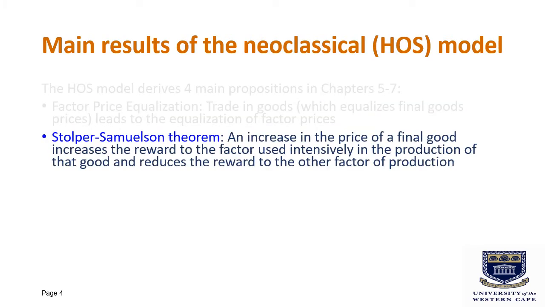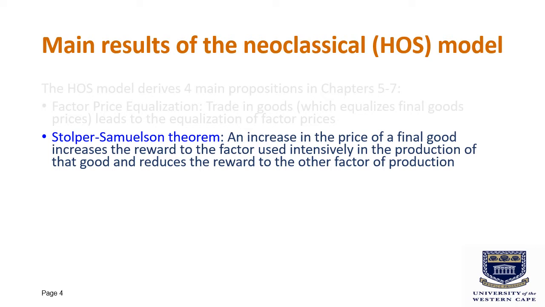The second idea is the Stolper-Samuelson theorem, and that's just the idea that when the price of a final good increases, then the reward for the factor of production that is used intensely in that production will increase. On the other hand, the reward for the other factor of production would decrease. What am I saying here?